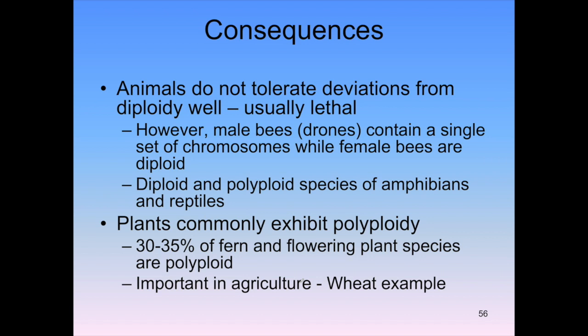One is in honeybees. For honeybees, male bees only have one set of chromosomes, and female bees are diploid. So a male bee will be haploid, female bees are diploid. Now, haploid bees, the male bees, their only job is to leave the hive, go to what's known as a drone center, which is an area in which drones will congregate.